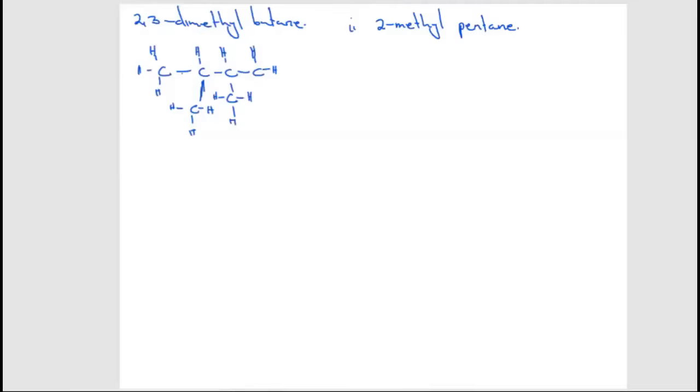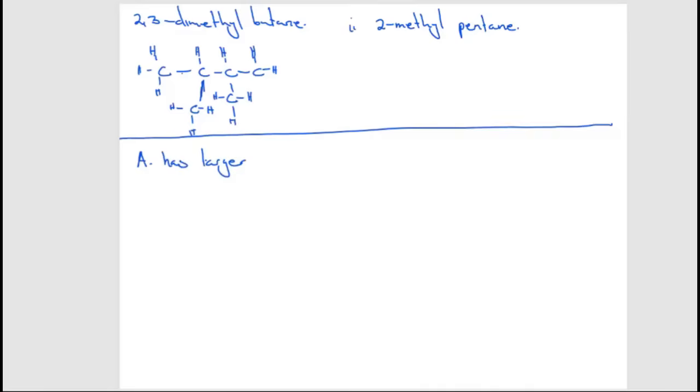So I'm going to use this space on this other end there to explain what is happening. I'm going to say A, which is our compound A there. A has a larger surface area.